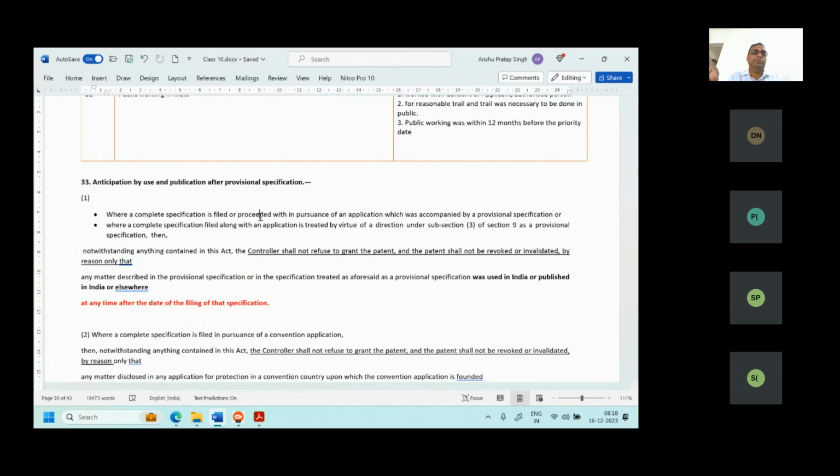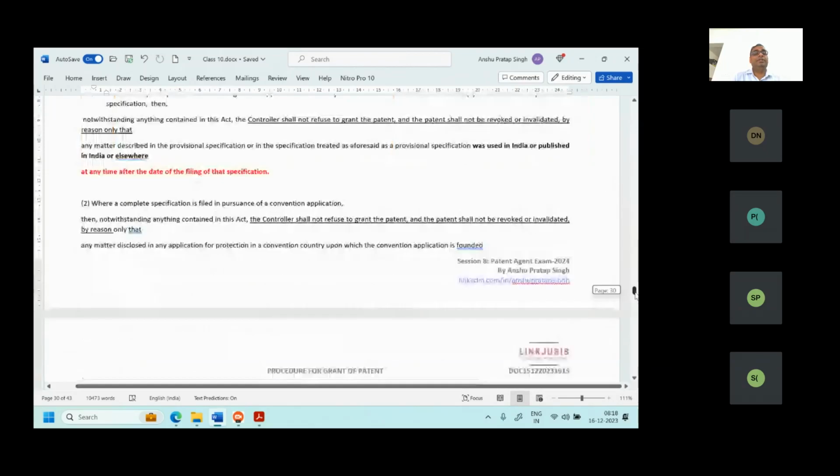Sections 29 to 34. Okay, so these are the exceptions. If you prove that you fall under these exceptions and hence your novelty is not getting breached, you will not be denied the grant of patent, and revocation or invalidation cannot happen.